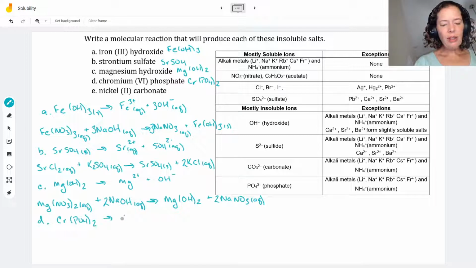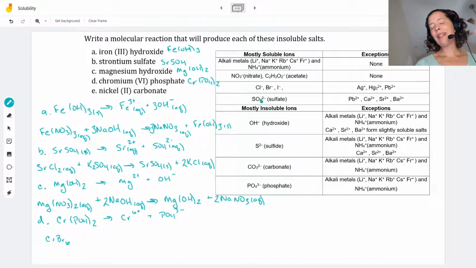I need something soluble with chromium and something soluble with phosphate. So for my chromium, again, I'm going to go for an anion that I know is going to be soluble. So let's maybe go for our bromide anion. Why not? So chromium(VI) bromide.